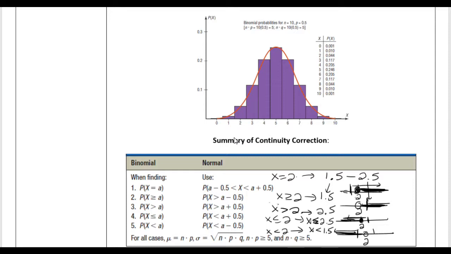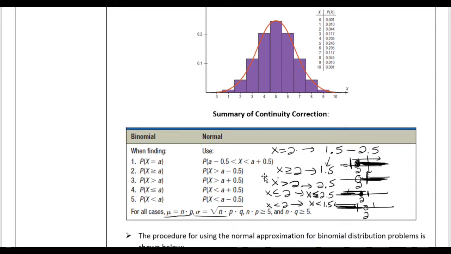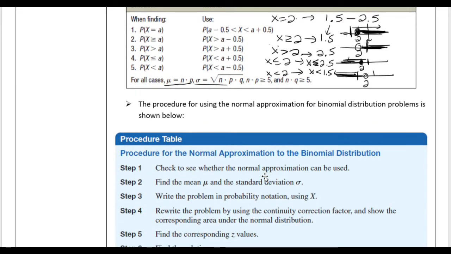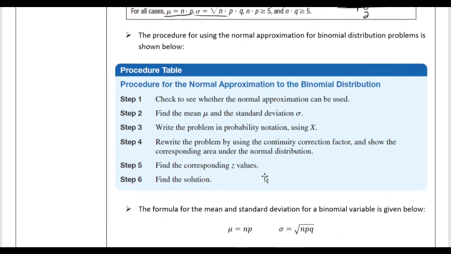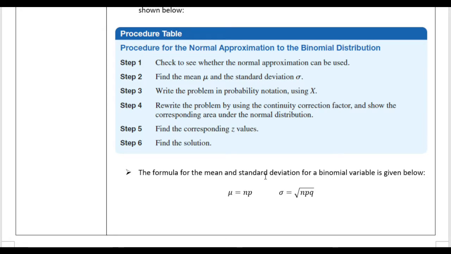All right, and then they give you the formula for the mean and the standard deviation because you're going to need that. I actually copied that formula below as well. If you want to use this in word problems and applications, then you want to use the following procedure.